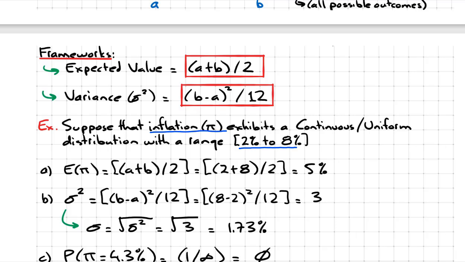That would be the next outcome, and that's the whole definition of continuous. Just with that simple illustration, you could see that there would be an infinite number of possibilities between 2% and 8%. And at the same time, it says uniform, so each range of inflation is equally likely to occur.